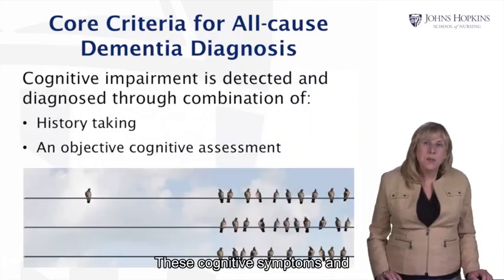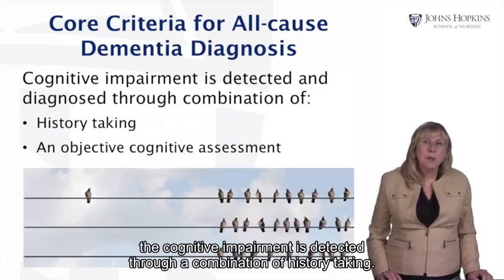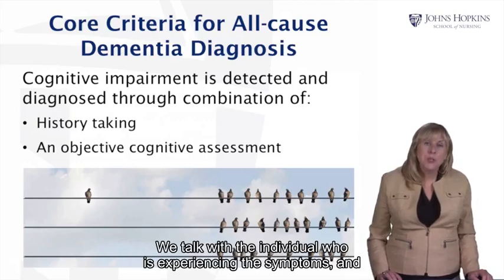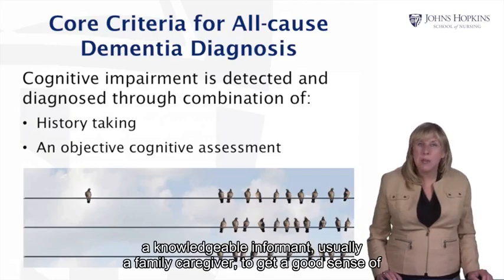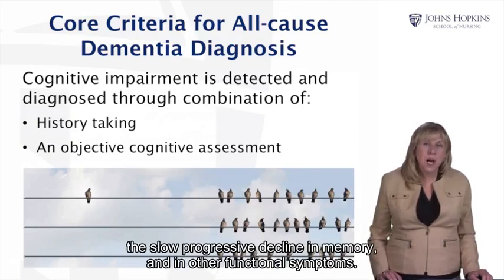These cognitive symptoms and the cognitive impairment is detected through a combination of history taking. We talk with the individual who's experiencing the symptoms and a knowledgeable informant, usually a family caregiver, to get a good sense of this slow progressive decline in memory and in other functional symptoms.